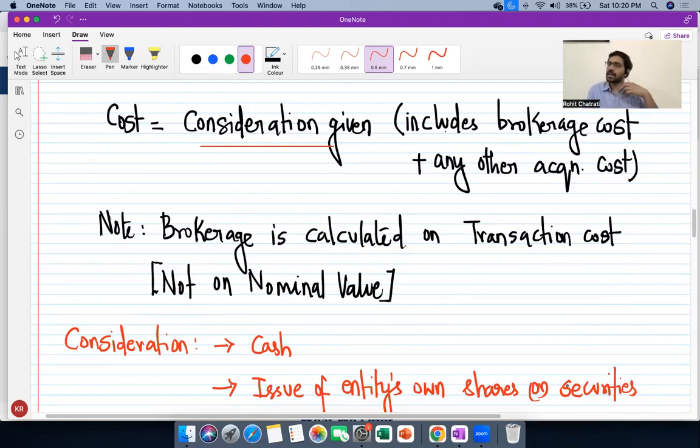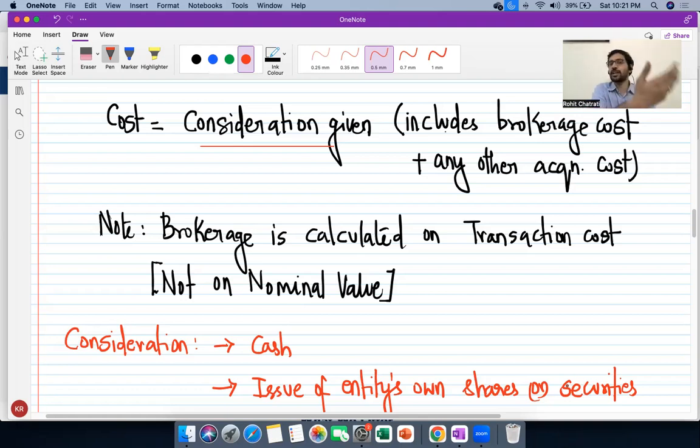All right. So if the consideration is in cash, there is absolutely no problem. Whatever is the cash outflow, I will recognize that as the cost of investment. But if the consideration is in the form of my own entity's equity shares or debentures, then I will find out the fair value of my own equity or debt instruments, and I will say that the investment in Reliance which I'm purchasing is equal to the fair value of the securities that I am issuing.